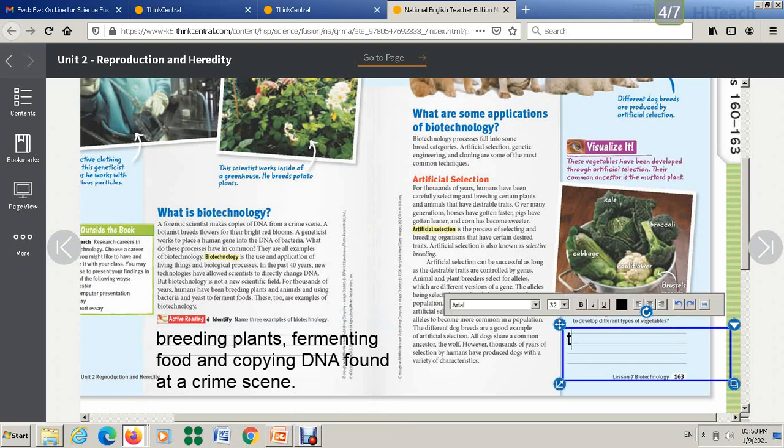So to produce vegetables with different colors, taste, shape. So these are the answers. If you still have a question about them, you can send me your question. This is for artificial selection, the first application of biotechnology.